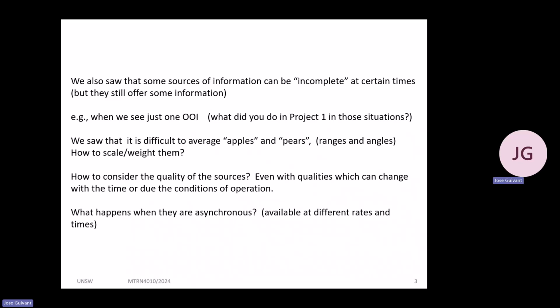In addition, that is coming polluted with certain uncertainty. So that is why we need to combine things. We want to do some sort of average, but we are doing the average between things which are not of the same nature. This is what I say here. We are trying to combine two different types of fruits. How to do that? Well, that is the mission we have using the extended Kalman filter.